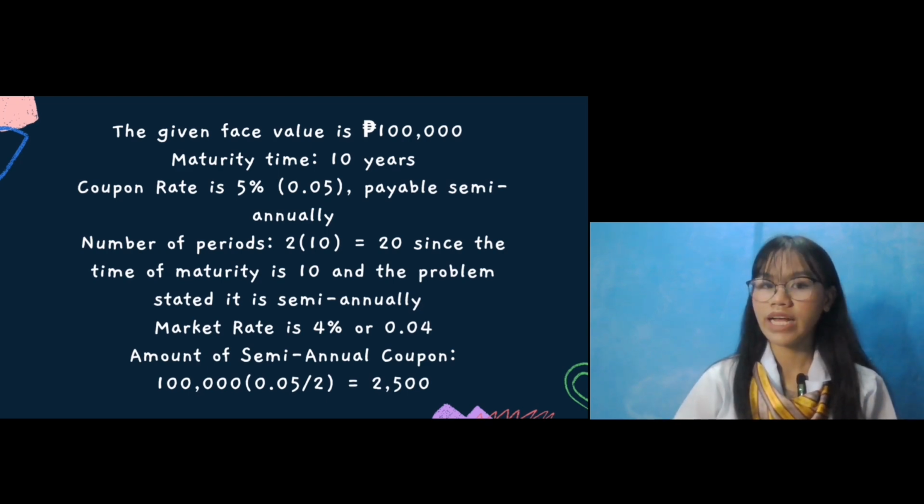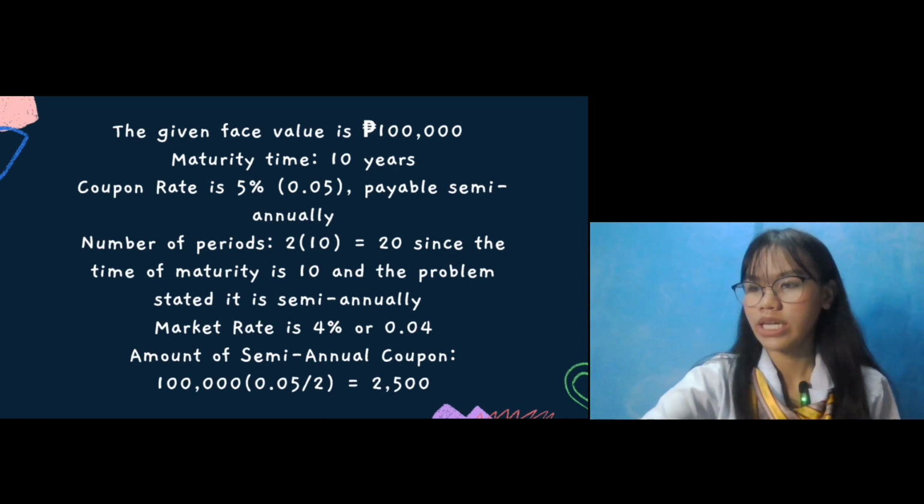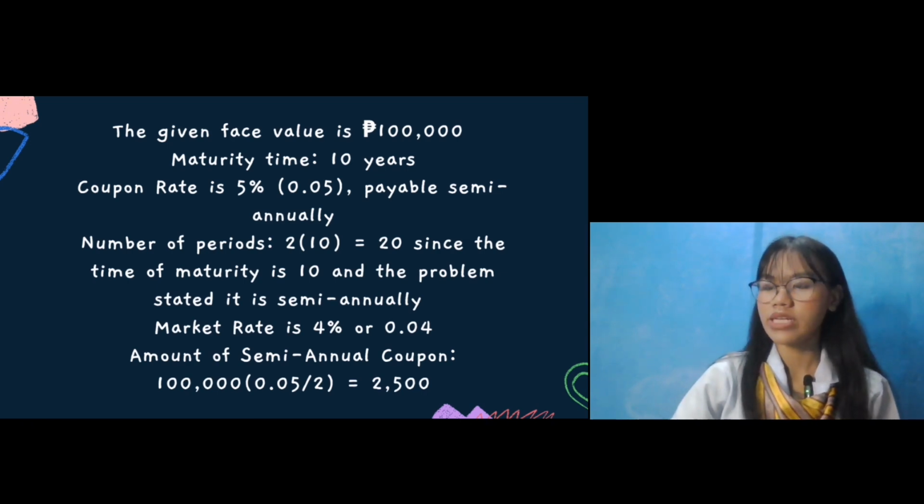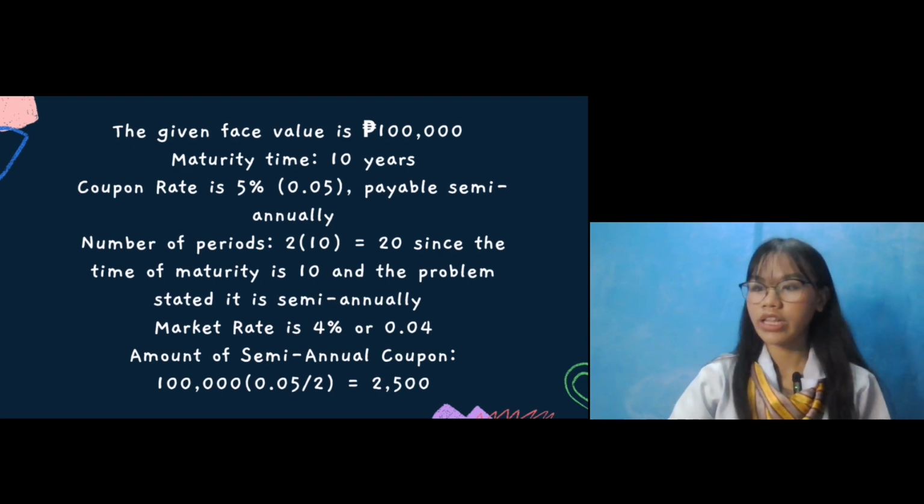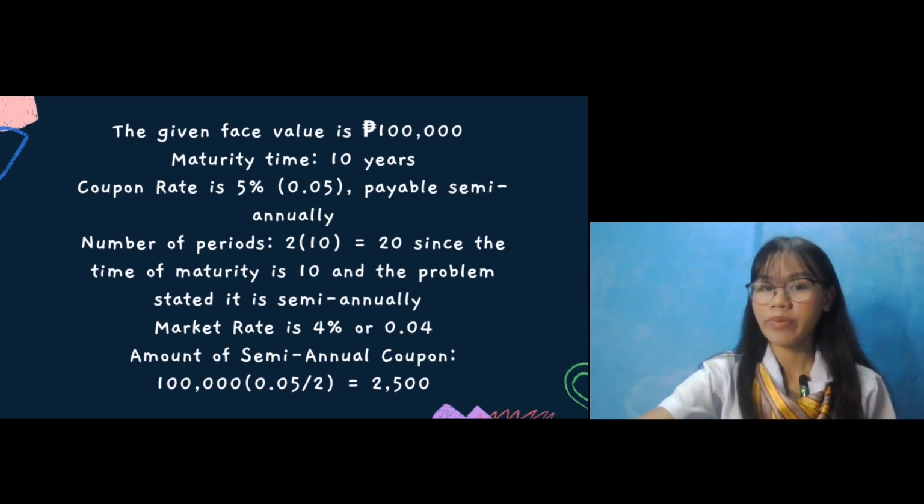So our face value is 100,000, and our maturity time is 10 years. And our coupon rate is 5%, and if we convert it, that will be 0.05. So our number of periods is 20, since it is semi-annually, right?